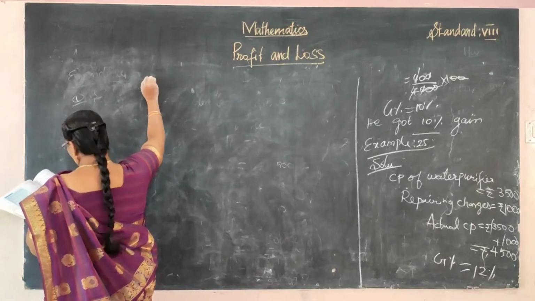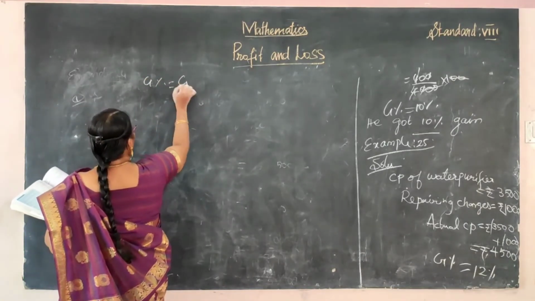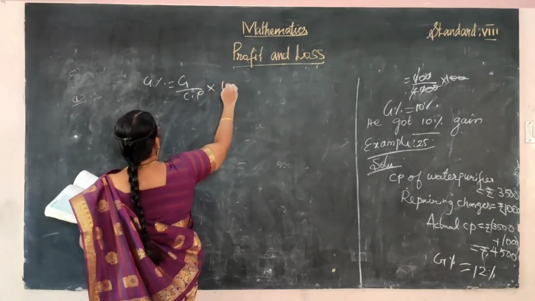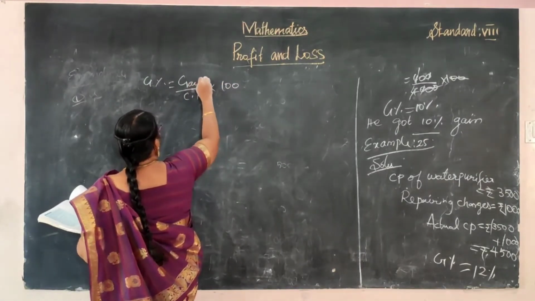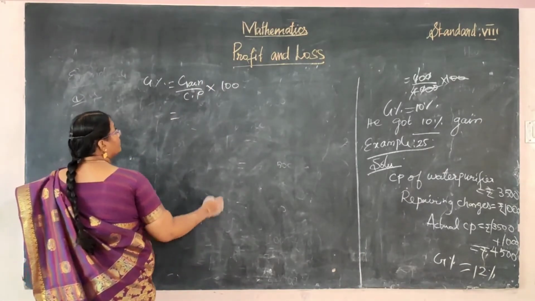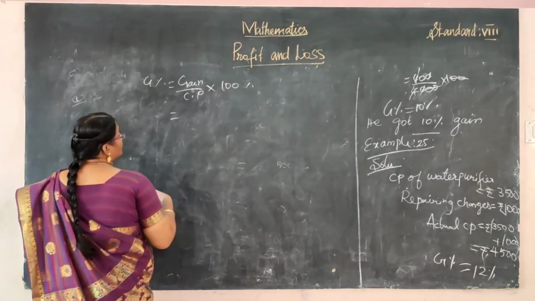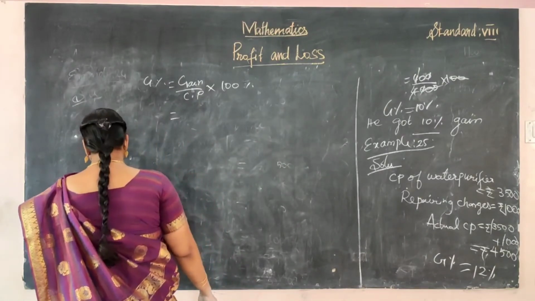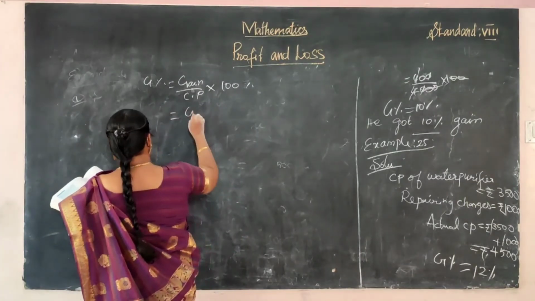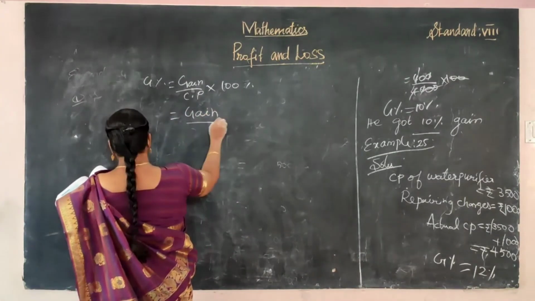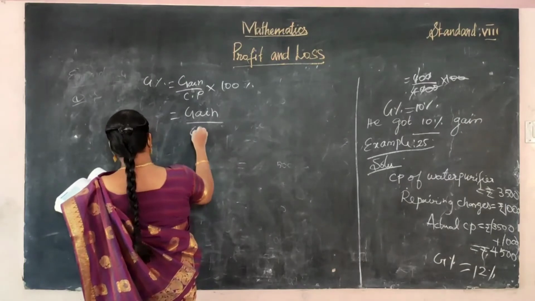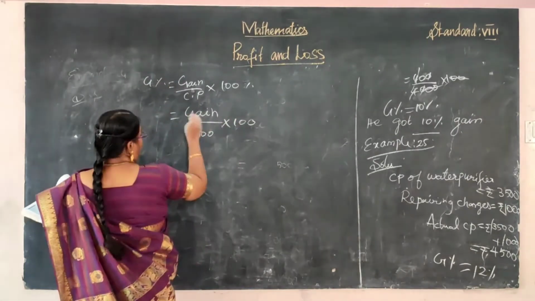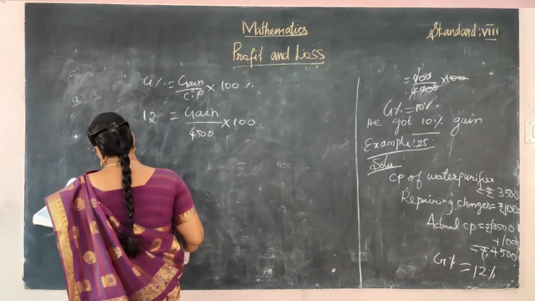So gain percentage is equal to gain by cost price into 100. Is it? So gain percentage only given, so gain we didn't know. So gain by CP, you know, 4,500 into 100. Gain percentage also, you know, 12.